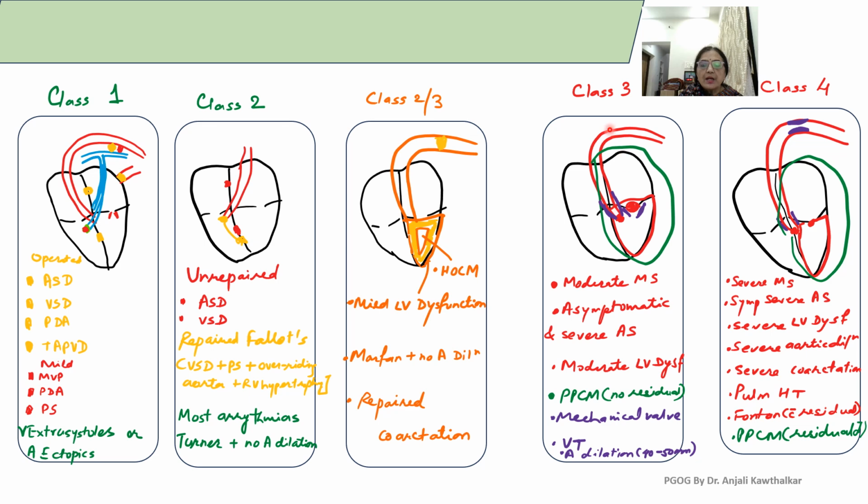The cyanotic congenital heart disease will go to class 3. Complex congenital heart diseases will go to class 3. Fontan procedure, where there is a left-sided atrophy of the heart, and only the right atrium and ventricle are functioning with Fontan procedure. That congenital heart disease, which is a very complex situation, will go to class 3 or class 4.